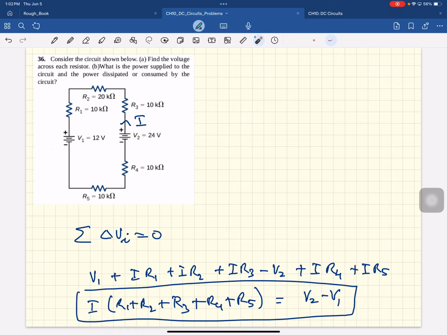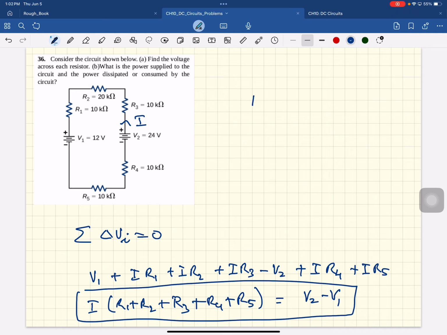So can you assume the current's going in either direction, or can you only go one way? Okay, good question. Our friend here is asking what if you had drawn the current this way? So this way it's going to come out positive. Let's do this number.